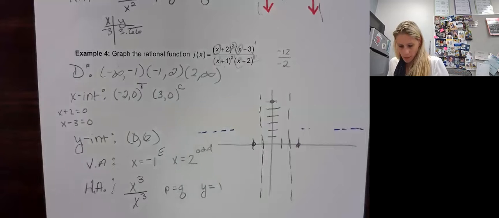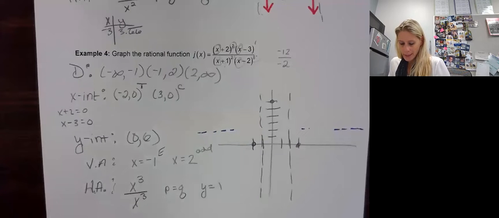Let's see. -3 plus 2 squared times -3 minus 3. So that gives me -6 on top. On the bottom, I would get -3 plus 1 squared times -3 minus 2.